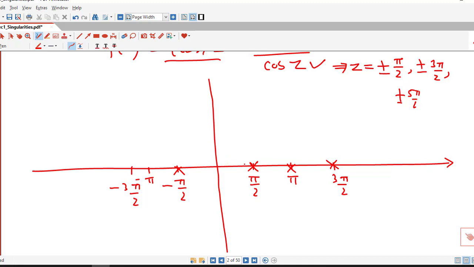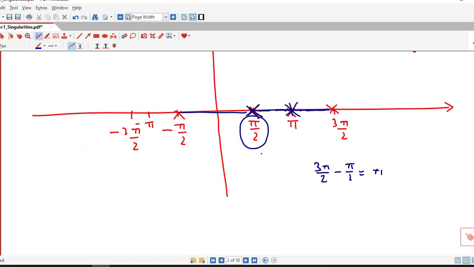But we can see, if we consider a deleted neighborhood of these points, suppose we want to talk about pi by 2, then the distance of pi by 2 from the point 3 pi by 2 is pi. So the distance of pi by 2 from the nearest singularity is pi, same thing here.